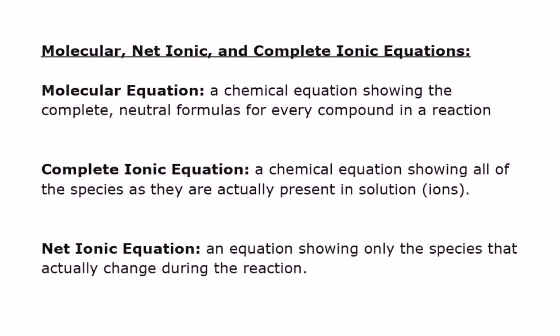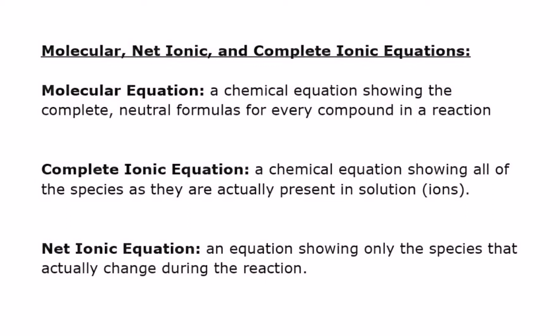So when your instructor asks you for a molecular equation, they're asking you for the equation as it would appear if everything was neutral, if all the ionic bonds were in place. You shouldn't have any ions, any charges like plus or minuses floating around. Everything should be in a neutral form, and you can also put the state with it in case it's aqueous or solid. Sometimes you might have a liquid or a gas.